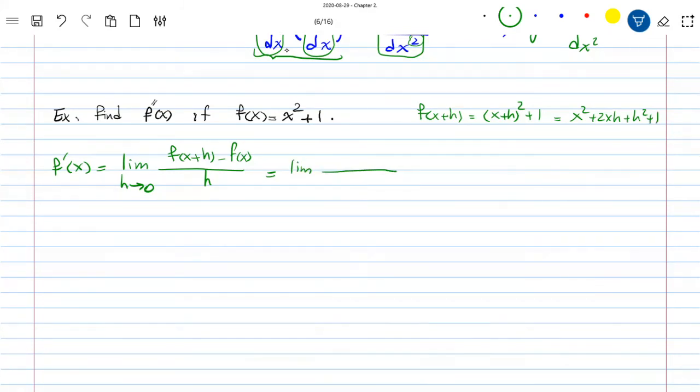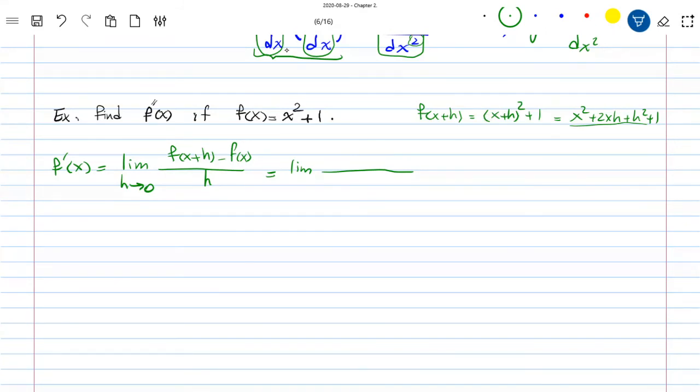You can write the parentheses twice and multiply it by itself, x plus h times x plus h, and distribute. This is how you get x squared plus 2xh plus h squared, but this is the shortcut.